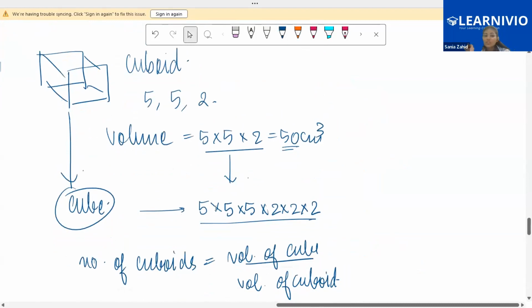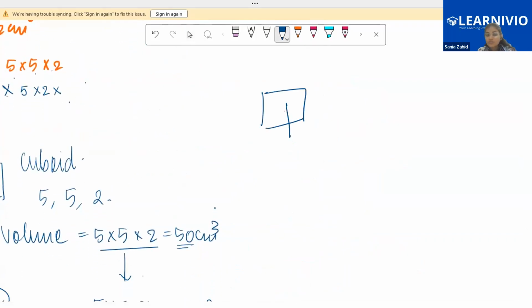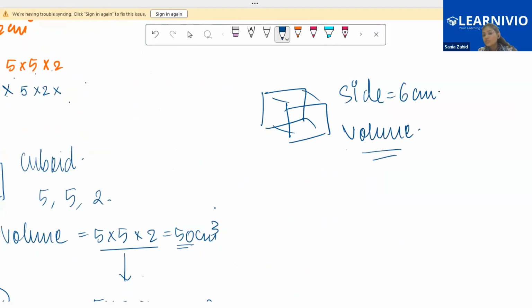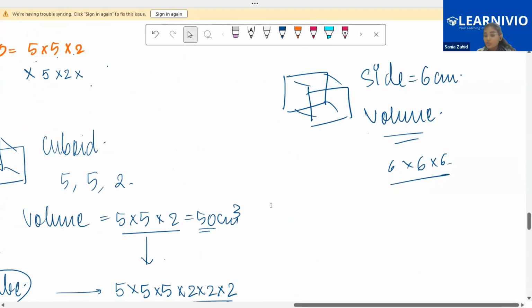It's an important question. Please remember this whenever you have a cube. For example, a cube has a side of 6 centimeter. So what is the volume? The volume will be 6 into 6 into 6 only, right? Why am I telling you this? To make you understand that the factors of the volume of a cube are always in triplet format.